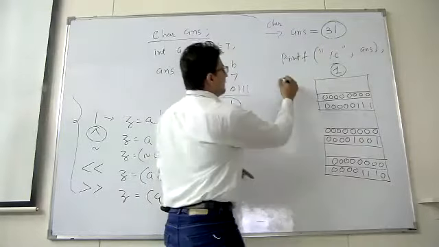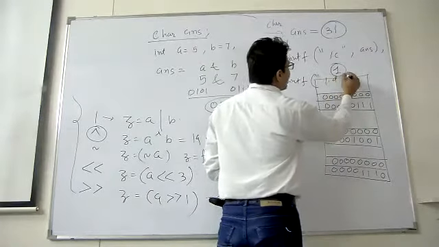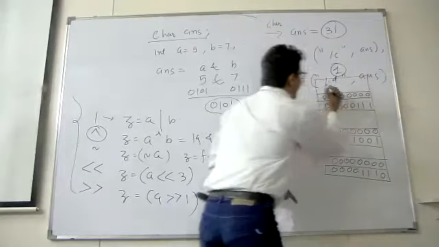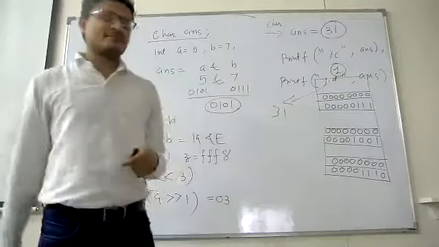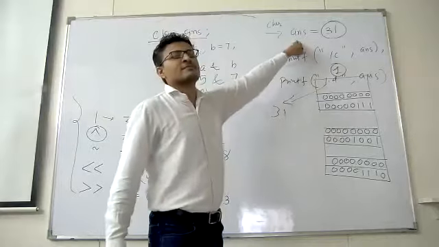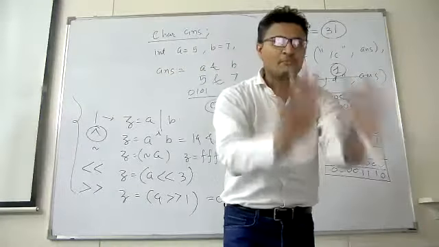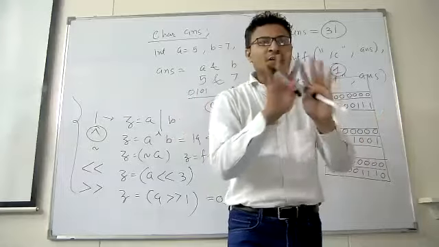But if I print percentage D and answer, then it will print 31, the particular value in your answer. That is the only difference. Actually, character is a number. It is not an alphabet.